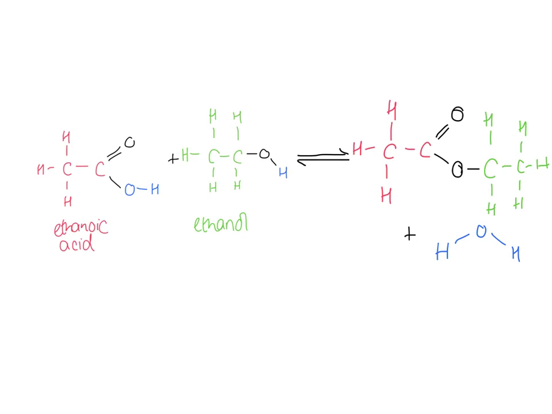But to name it, we need to be really careful. In this case, we don't need to be careful because we've got ethanol and ethanoic acid, so it's not going to affect the name, but we'll look at that in our next example. How we name this is, as it says there in your notes, as an alkyl carboxylate.